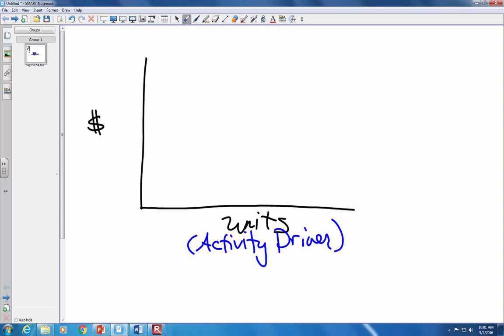So what kind of cost would this be? Variable. How did you know that? Because it changes based on the number of units. It does. So let's redefine variable costs. What's a variable cost?